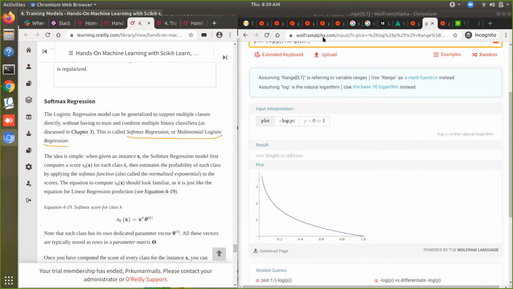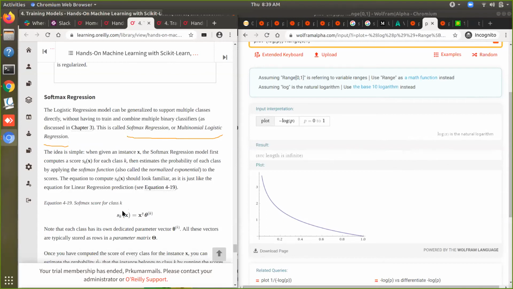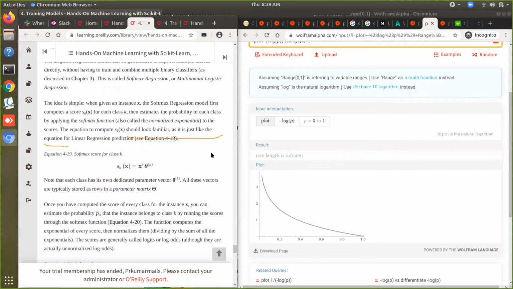So in that, what we will be getting is, this equation is for some class K, not for all. For our input features X, for example in our case petal length, petal width, something like that.